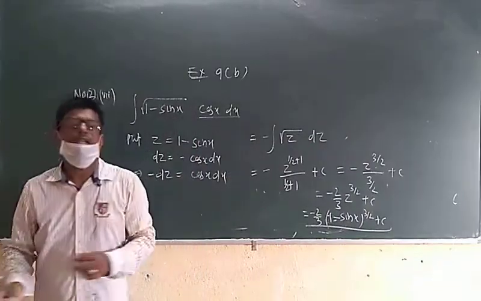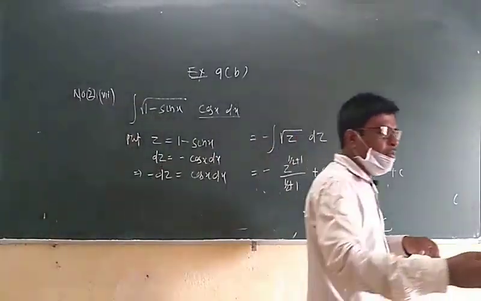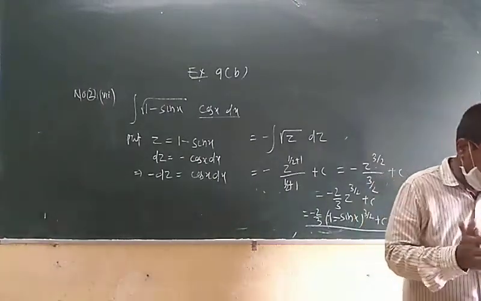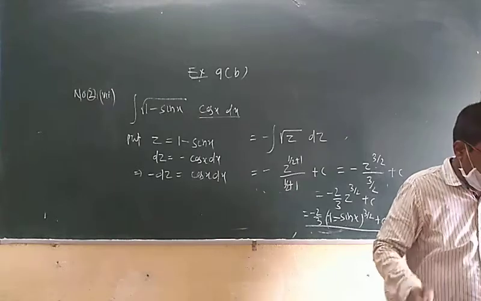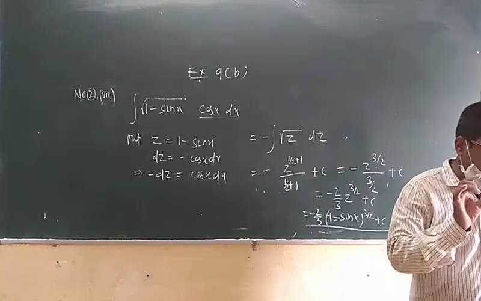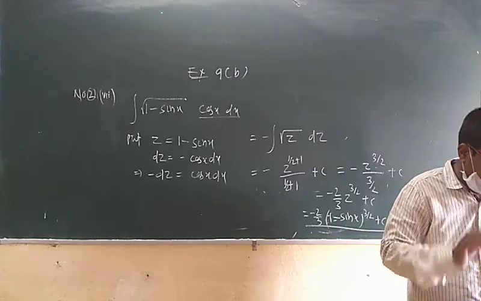So number 2 is already completed. Now I am going to number 3. Number 1 and number 2 are both based on trigonometrical functions. But after number 2, number 3 is purely algebraic.